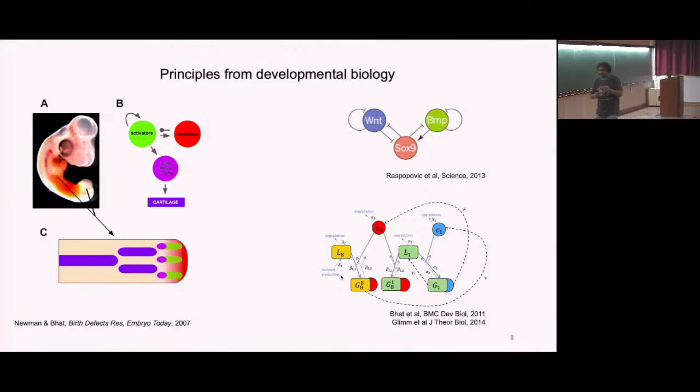One example, for example, one case, is limb development. So in limb development, the way our limbs develop can be reduced, in developmental biological terms, to understanding how the skeleton of the limb develops. And the way the skeleton of the limb develops again can be reduced to understanding how fingers are sized in space.